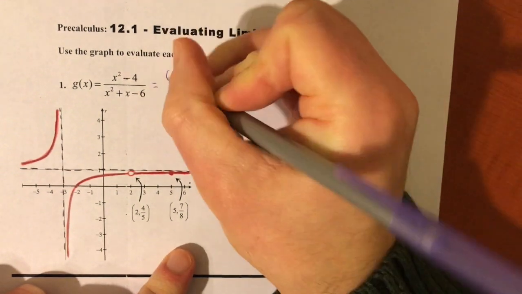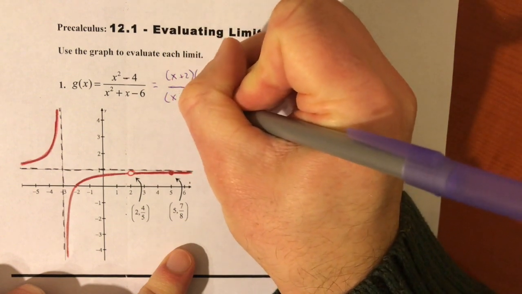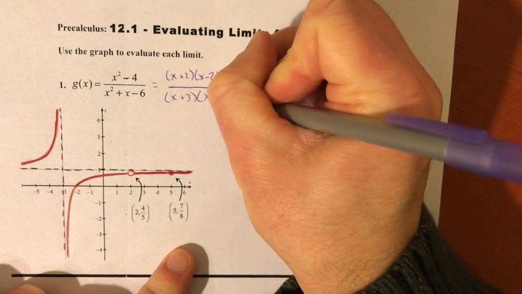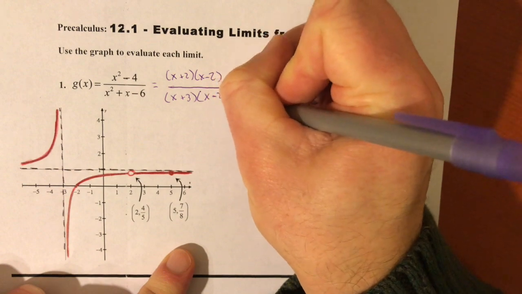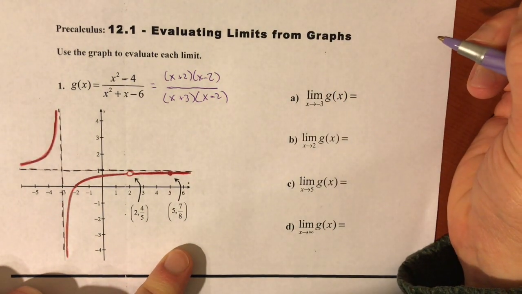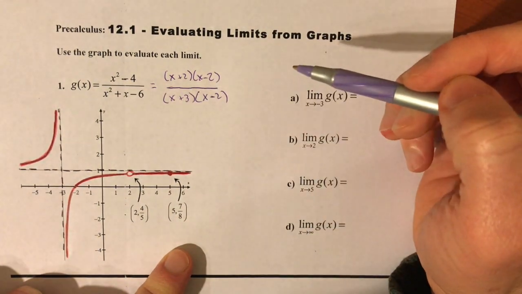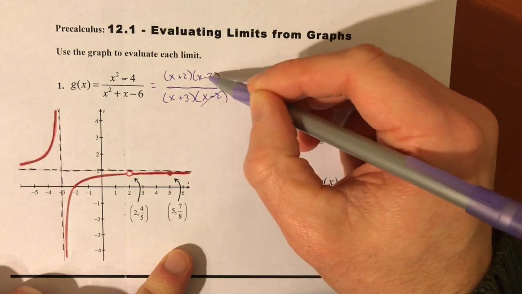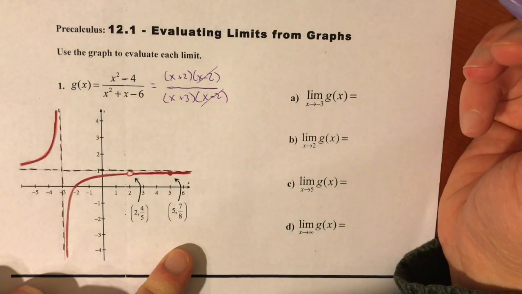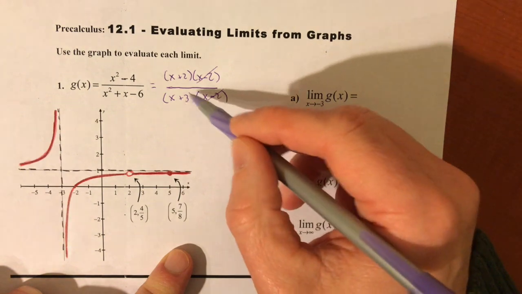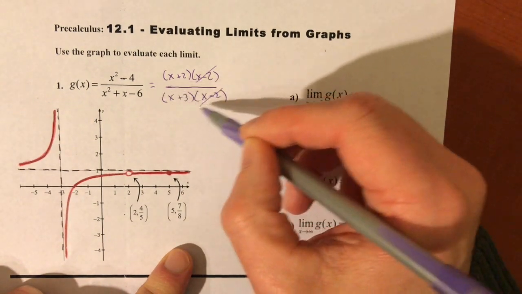But just for fun, if you want to think about what made some of these properties, this rational function would factor to this, and then there was a common factor which could be canceled. Now there were two x values where this function did not exist.